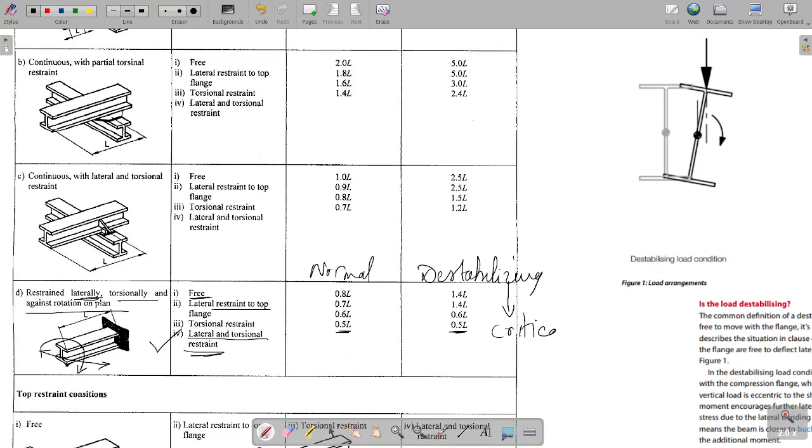When it is the critical case, we increase the effective length so that the load permitted to be applied, this P, becomes less. That is why here it is 0.8L, here 1.4L, here 0.7L, here 1.4L, here 0.6L, here 0.6L, because here there is torsional restraint and the compression flange will not move. In this case, it is pretty much the same condition.